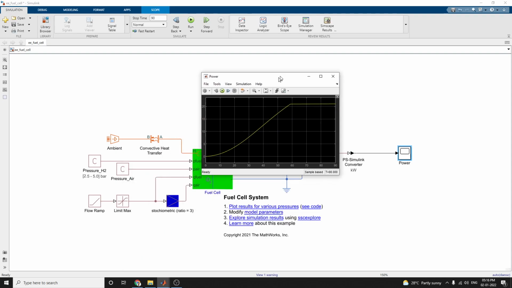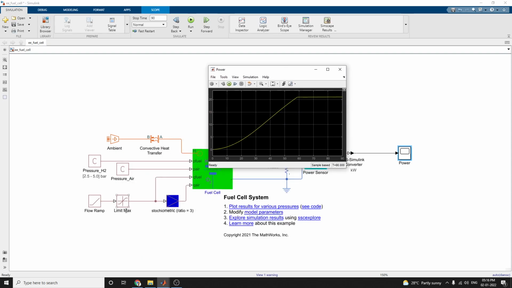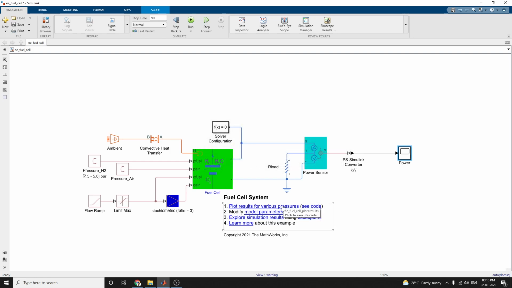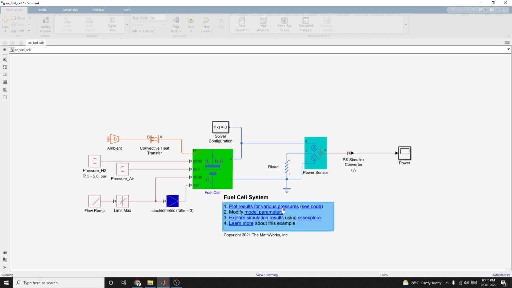Now this plot shows the power delivered varies as a function of hydrogen pressure. Now let us see the time evolution of current, voltage, power and temperature for the pressure between 2.5 and 5 bar.